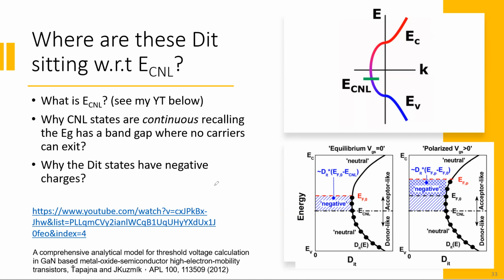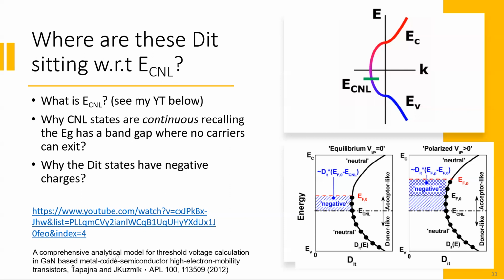But everybody in the world tries to mitigate that, tries to say, I'm going to passivate my DIT to get my device performance back. If you look at my discussion on the silicon carbide devices, you can see that the silicon carbide intrinsic mobility is close to 1,000.